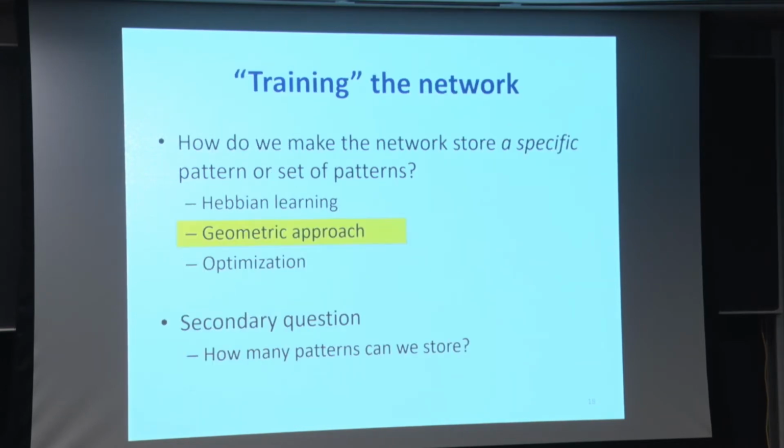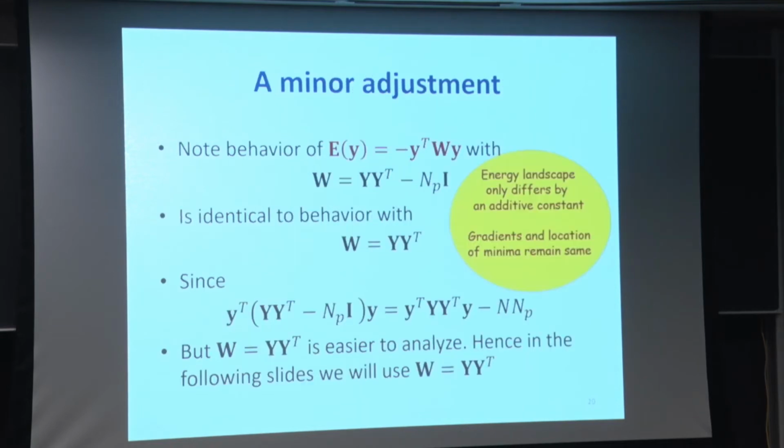So we're going to start with this. We're going to look at the geometric interpretation of Hebbian learning and the network itself and try to make some sense of the whole process. So observe first that if I set the weights to be YY transpose minus NPI, then the energy of the network depends on this, right?